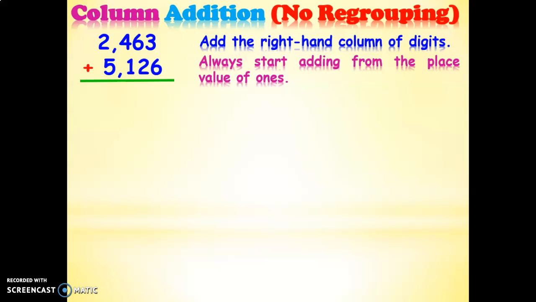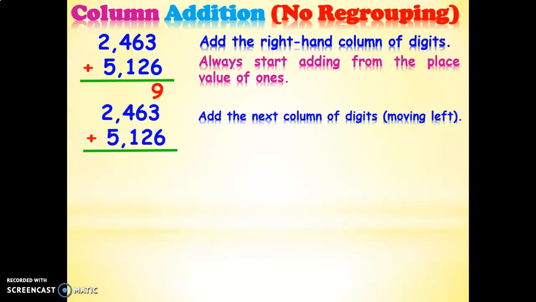So if you remember our lesson about place value of numbers, 3 and 6 belong to the place value of ones. This is where we start adding the numbers. So we start with the place value of ones, 3 plus 6, and then we go on with the next place value. So for 3 plus 6, the answer is 9. Now the next step will be to add the next column of digits moving left.